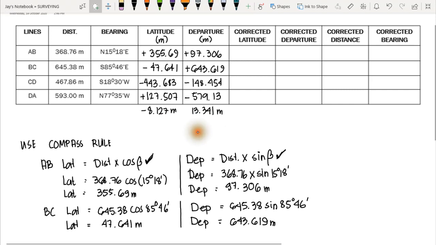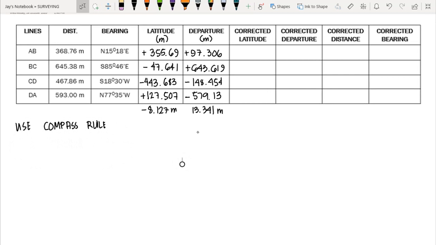Now we compute the corrections for each traverse using the compass rule. In my previous video, I presented the formula that we need to follow in order to compute the correction along the latitude and along the departure using the compass rule. For the correction on the latitude, this is the total closure on the latitude times the distance of the traverse over the total distance.